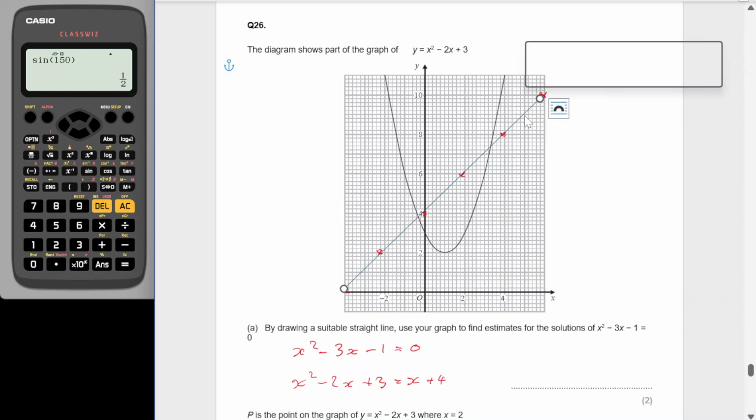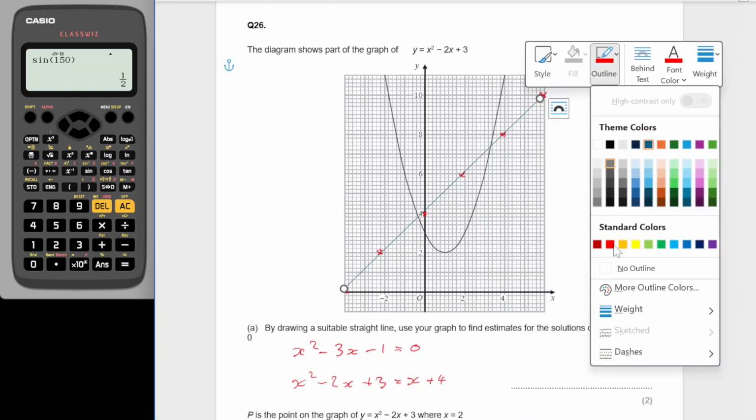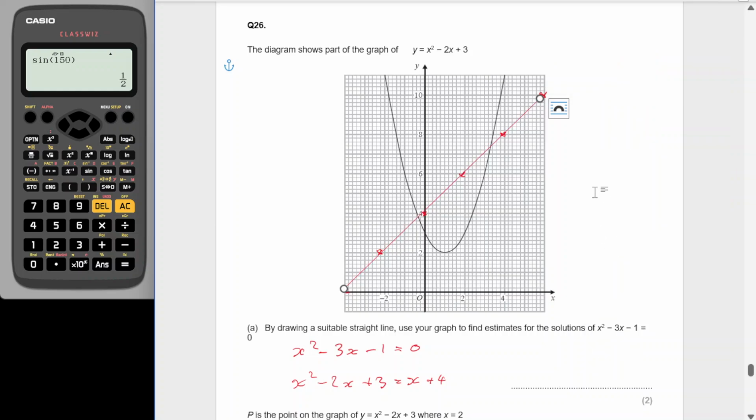Okay, and let's make that red. So that's the line of y is equal to x plus 4, and then we're reading off our two intercepts.